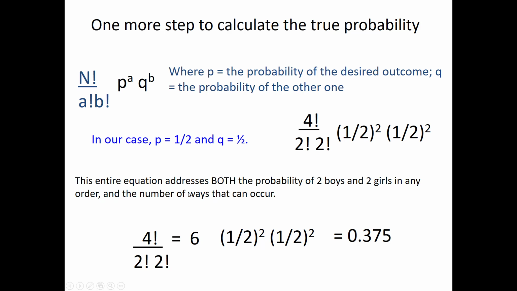So the total calculation is 6 times 1/2 squared, which is 1/4, times 1/2 squared, which is 1/4. So 1/4 times 1/4 is 1/16, so it's 6 over 16, which is 0.375.